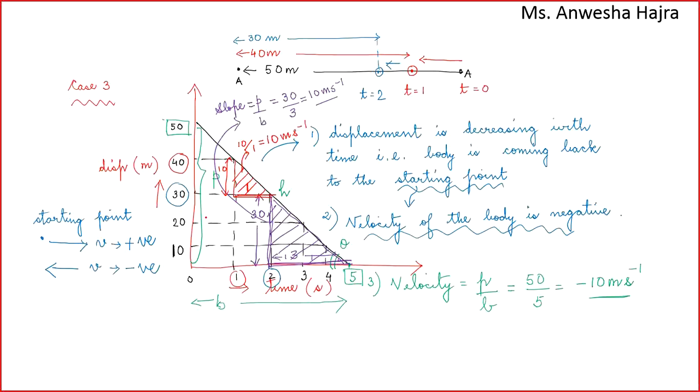So this type of graph in case 3, we say displacement is decreasing with time. Because at 0 second my displacement was 50, 1 second it is 40, 2 second it is 30. So it is decreasing with time. It tells us body is coming back to the starting point, velocity is negative, and slope as usual gives us the velocity.